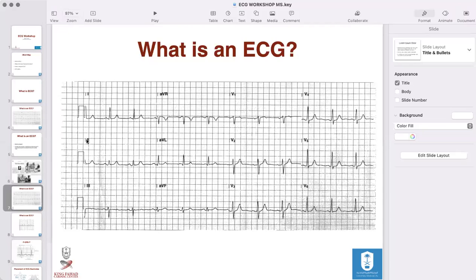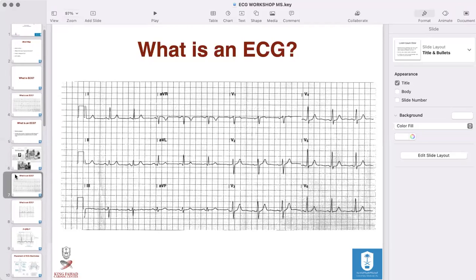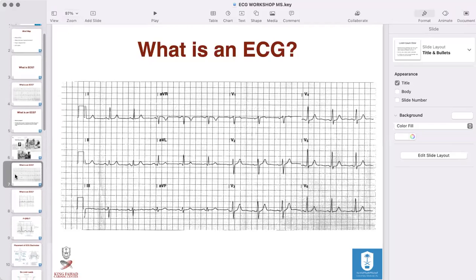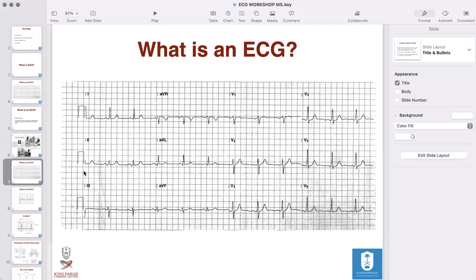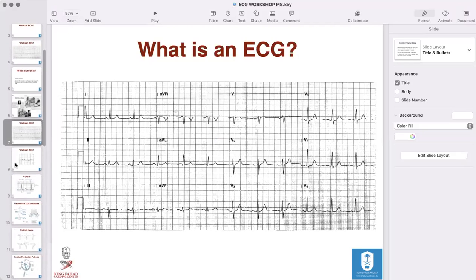This is where the calibration happens, and it's about two large boxes, which represents the voltage, where each millimeter is considered 0.1 millivolt. That's one of the first things you do before you proceed to analyze the ECG, and you're going to see it in every 12 lead ECG that is performed.